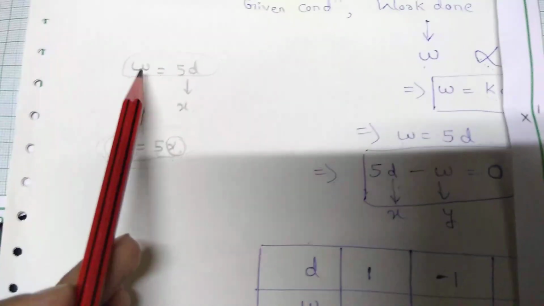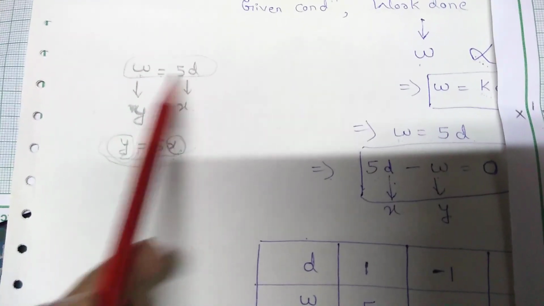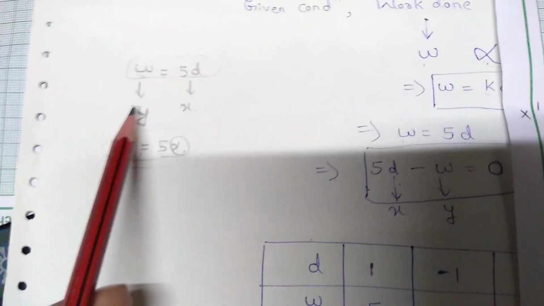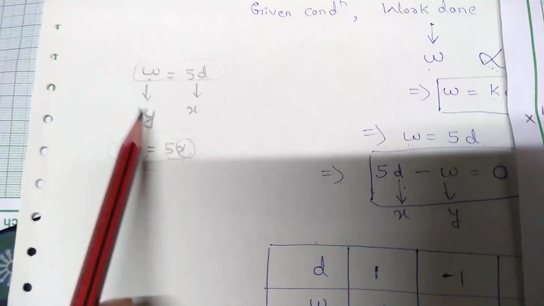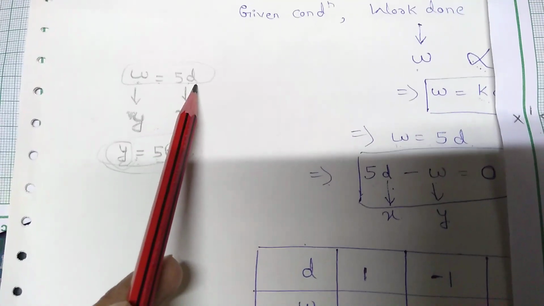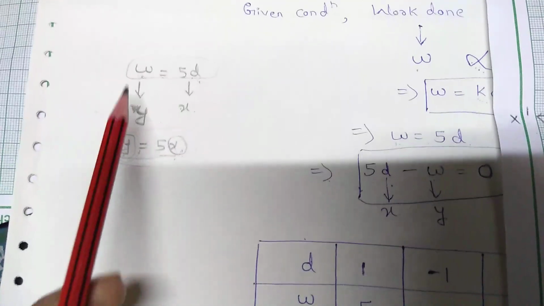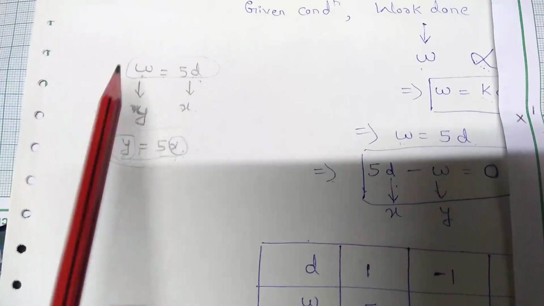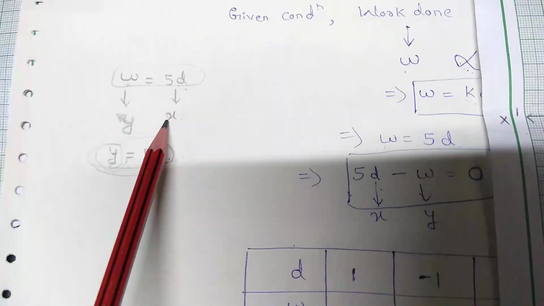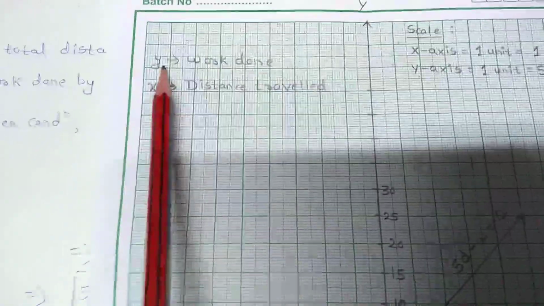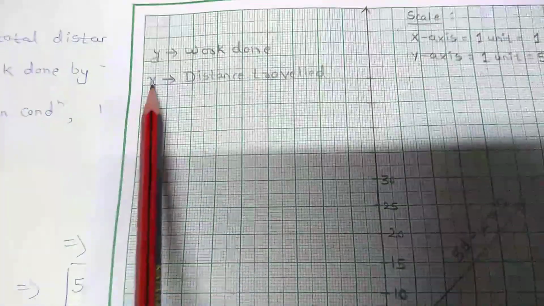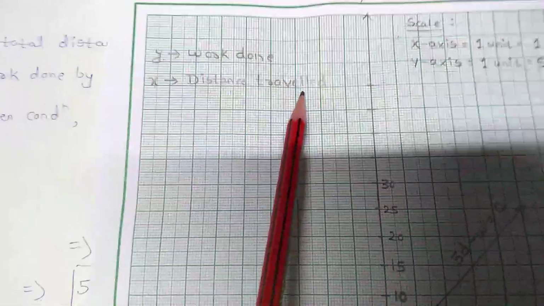As we know, we have the equation y is equals to w is equals to 5d. In the place of w we have the y-axis, and in the place of d we have the x-axis. This means the y-axis represents the work done and the x-axis represents the distance traveled. You have to write this on the graph.